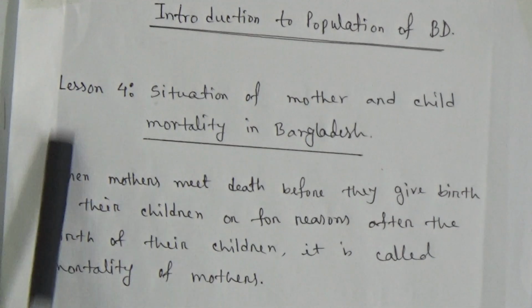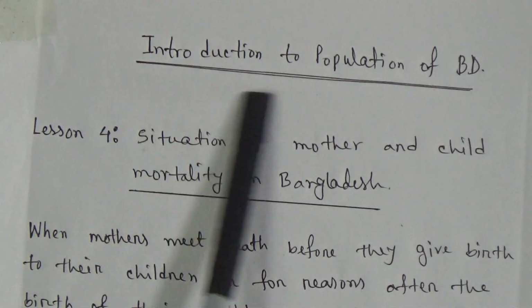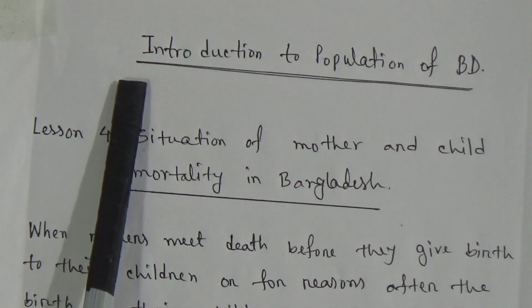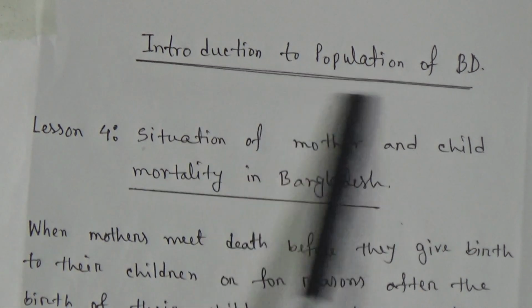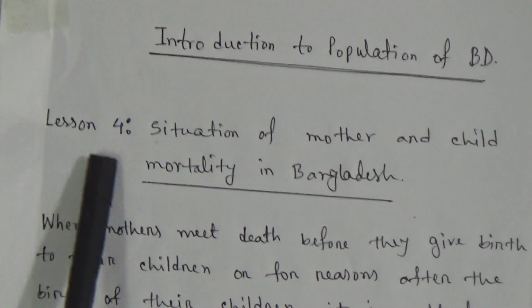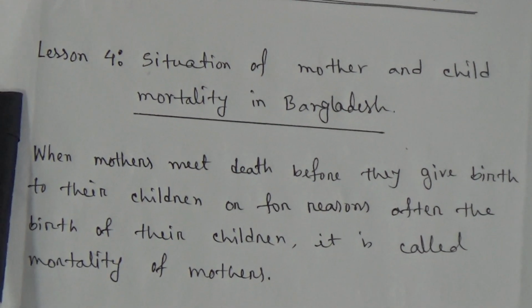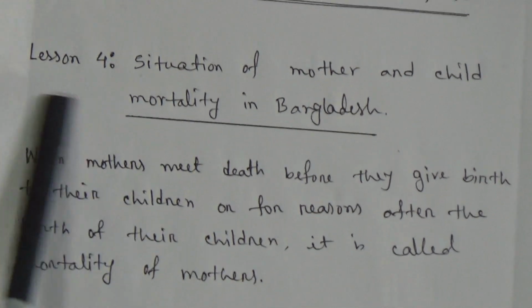Before starting, we would like to know the name of the chapter: Introduction to Population of Bangladesh. We have done the previous lessons, that means we have done the reading of previous lessons, and now we are starting from lesson 4.